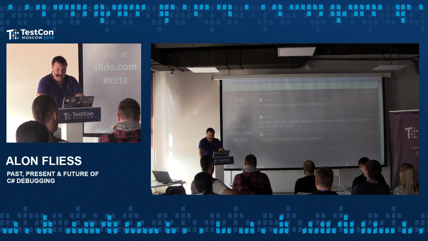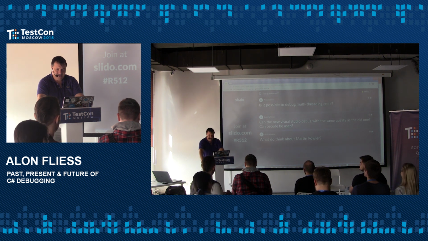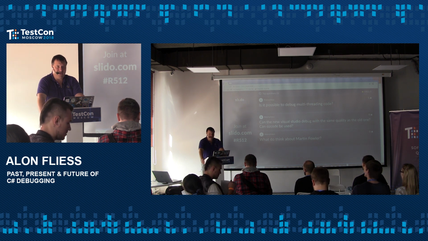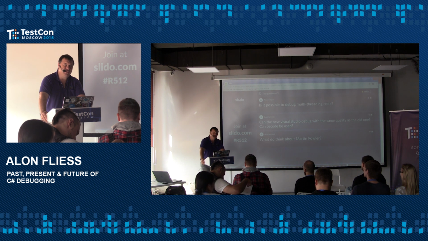Can the new Visual Studio debug with the same quality as the old one? I don't understand the question. Okay, maybe I understand. The old one is the very old one, probably. There are two debugging engines in Visual Studio, a very old one and the new one, which is new from Visual Studio 2015, I think.